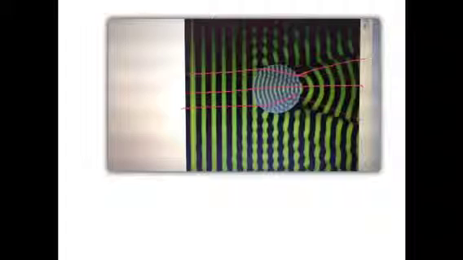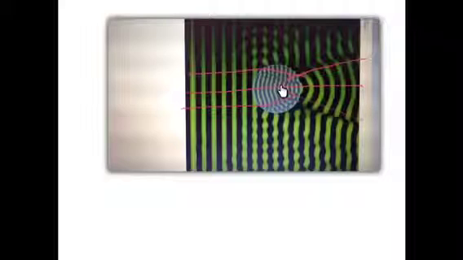Now, these light rays here appear to be coming from some point inside the circle. They're not, they're actually coming from some object far, far away back here. But to a person viewing it from the other side, these light rays appear to be coming from about this point here.